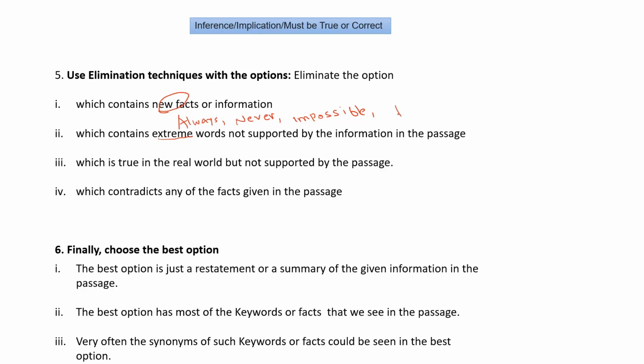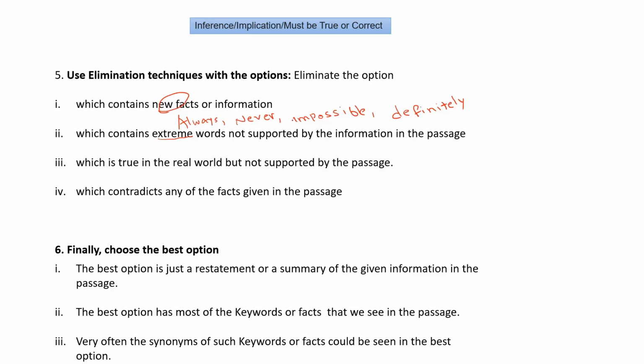Usually options having extreme words are wrong, usually, not always. Usually these extreme words are not supported by the passage. If the information in the passage supports these extreme words, then you could consider such options. Otherwise don't consider the options which have extreme words.